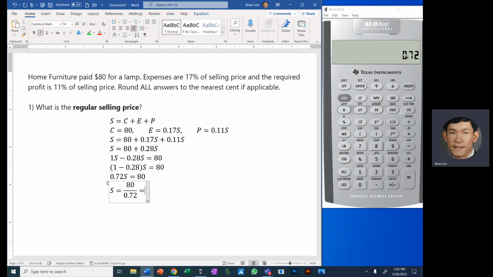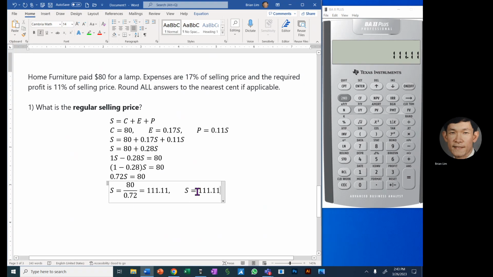So that's equal to what? Well, we could also use the reciprocal, 1 over x, invert it, and then multiply by 80. That gives us an answer of 111.11. Okay, so we could say that S is equal to 111.11.